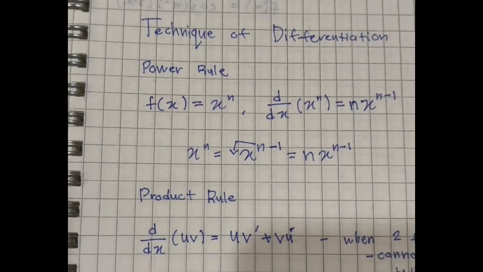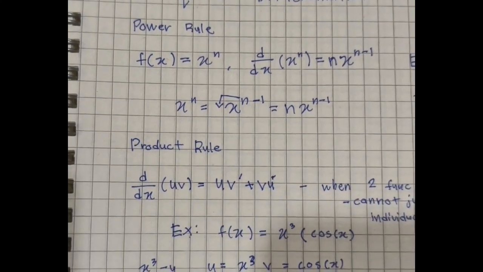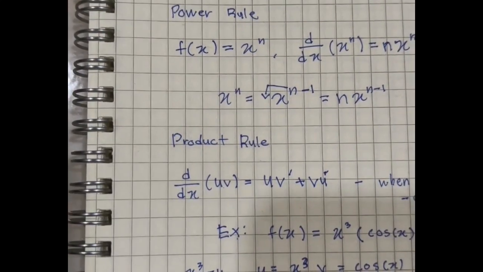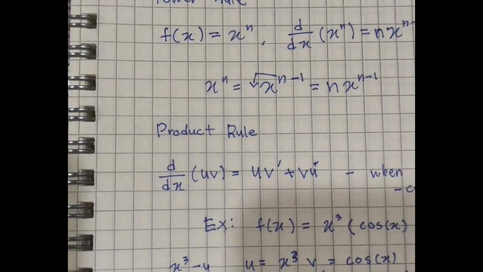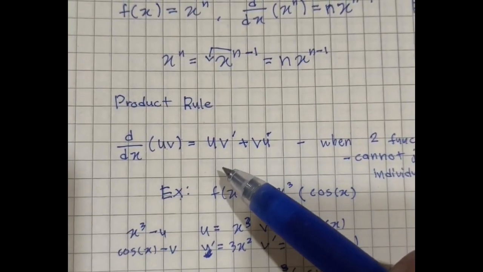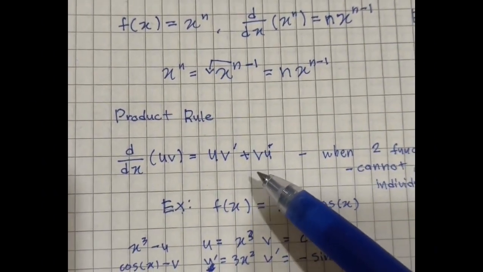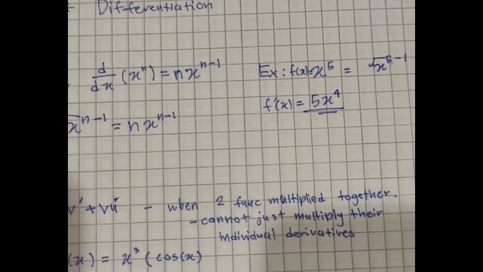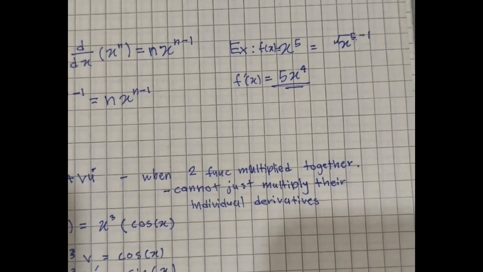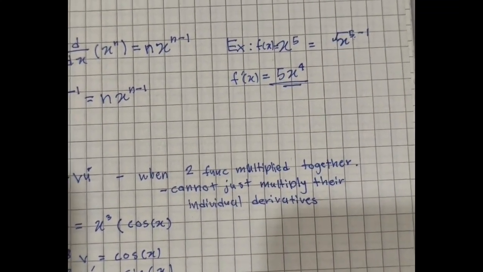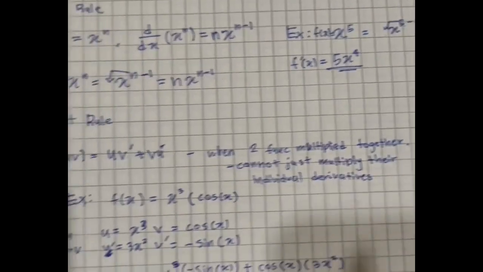The second one is the product rule. The formula for the product rule is (uv)' equals uv' plus vu'. It is used when you have two functions multiplied together. You cannot just multiply the individual derivatives.